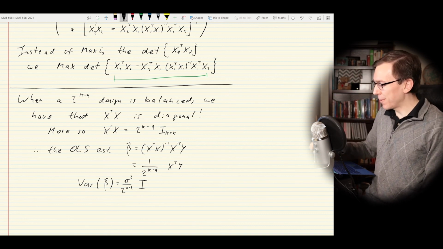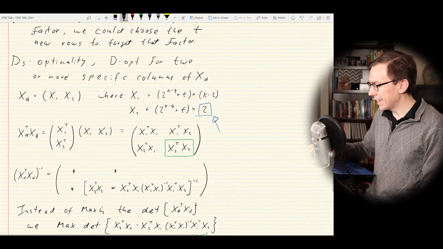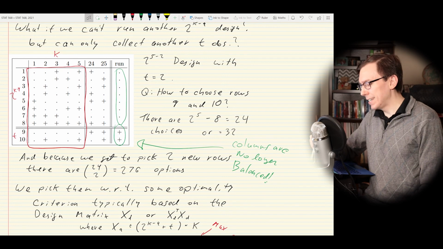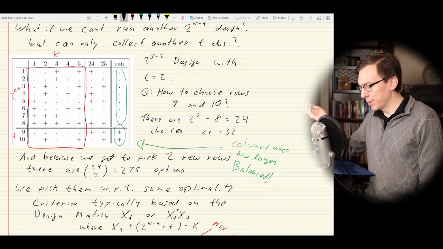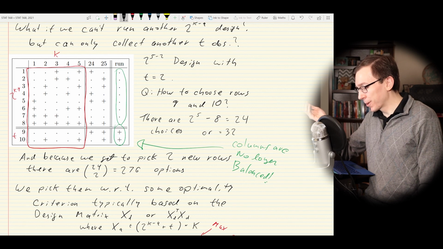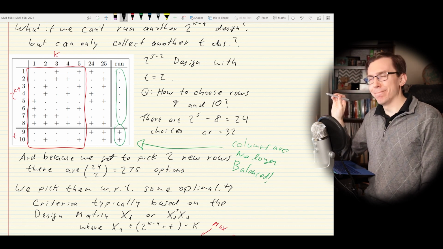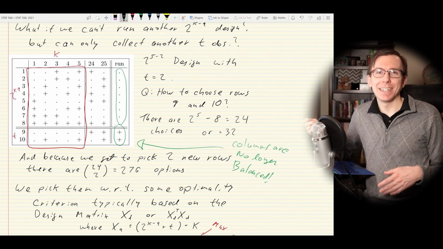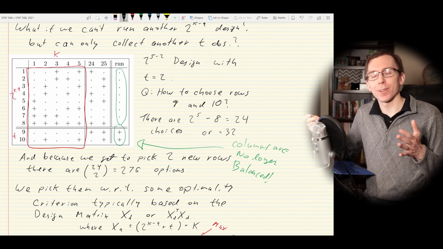The problem is that when we jump into one of these cases, like my optimal choice of design here, we no longer have balance. So what we're going to end up with is a non-diagonal matrix when we do x transpose x, or more smartly said, we're going to have a design matrix whose columns are not orthogonal.